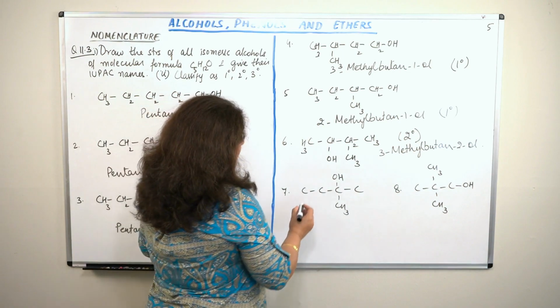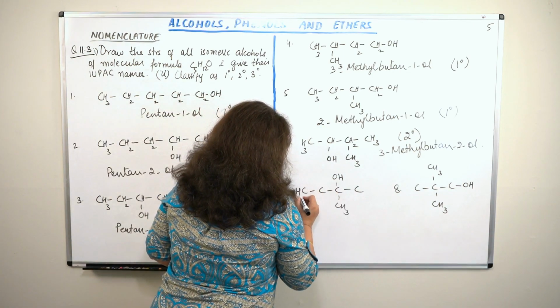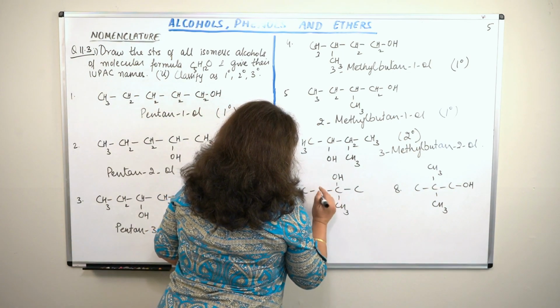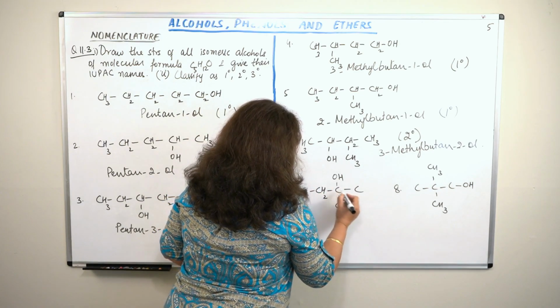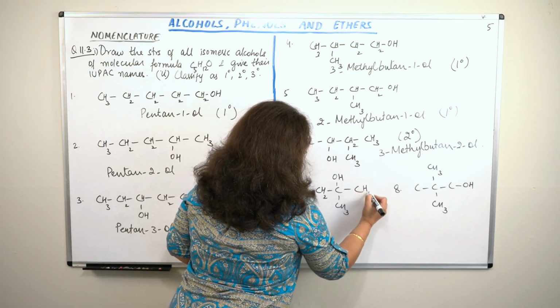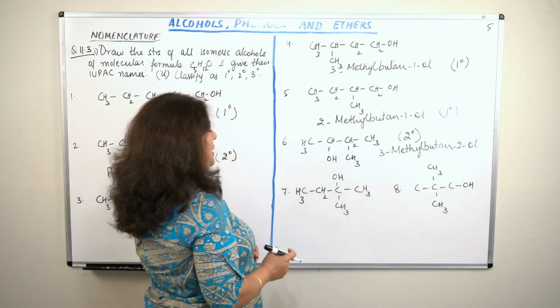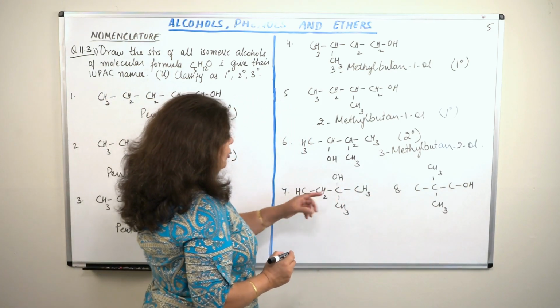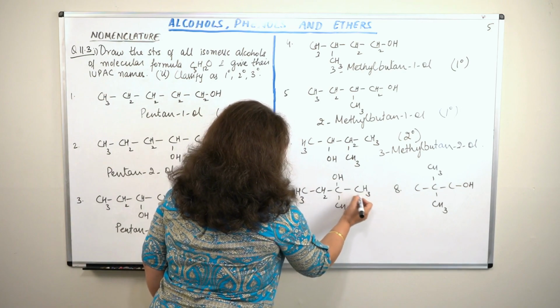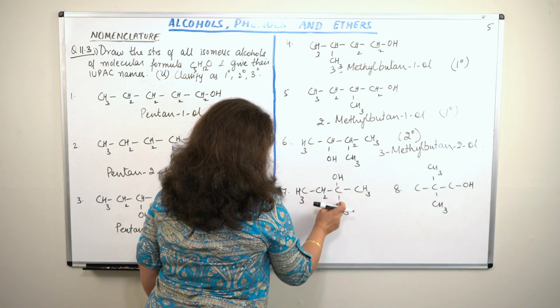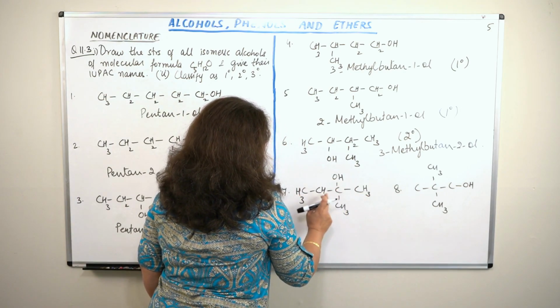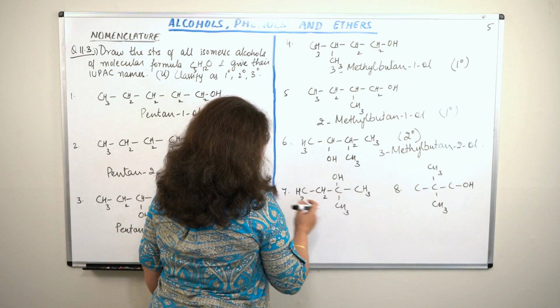Therefore, this is a secondary alcohol. Seventh one. 1, 2, 3, 4. Fill up hydrogens. CH3, C, CH2. No need of hydrogens. It is already forming 4 bonds and CH3. So this is also butanol. So we'll start counting from this direction because the locant here we get is 2, 2. But if we count from this direction, locant is 3, 3. So we'll count from this direction.